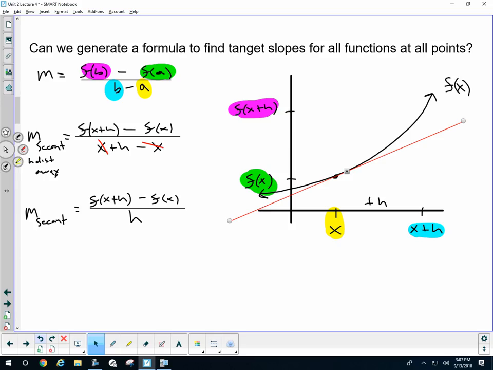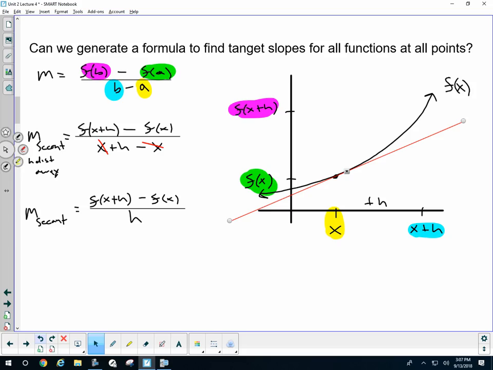What changed over here? The distance between them, h. What happened to h? It got smaller and smaller and smaller until it got how small? Infinitely small. So approaching what value? Now, what is the concept we've been using in this class where we're talking about approaching values but never getting there? A limit.